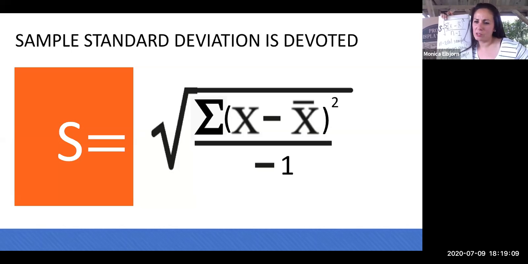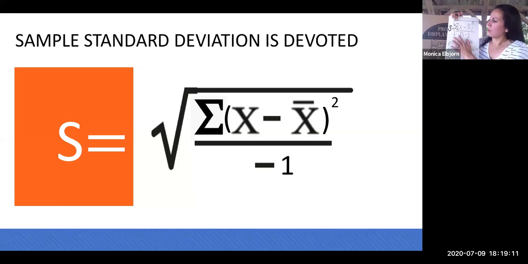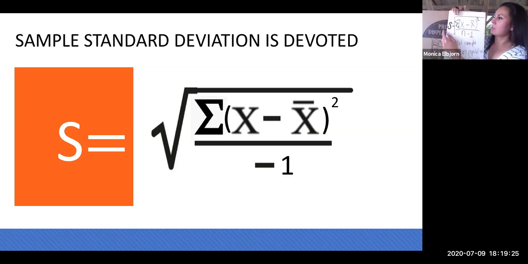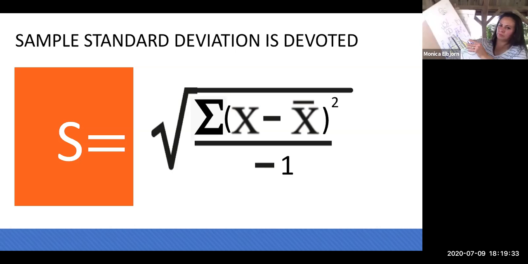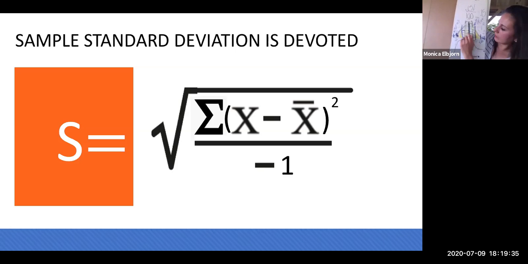Yeah, so what we want to do, the smaller the number gets, the closer you are to the mean. And the larger your sample deviation gets, the farther it is from the mean. So if your sample deviation is closer to 0, you are totally right. So for example, this is your mean. So this is 0.